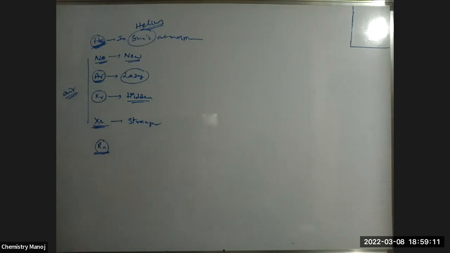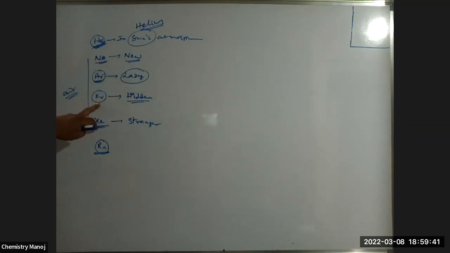So in the sun's atmosphere, which element is available? Helium. The next discovered element is argon. Argon means laziness, a non-reactive tendency. From argon, a new element is discovered, neon. After neon, one more element is extracted, which is hidden behind argon and neon.